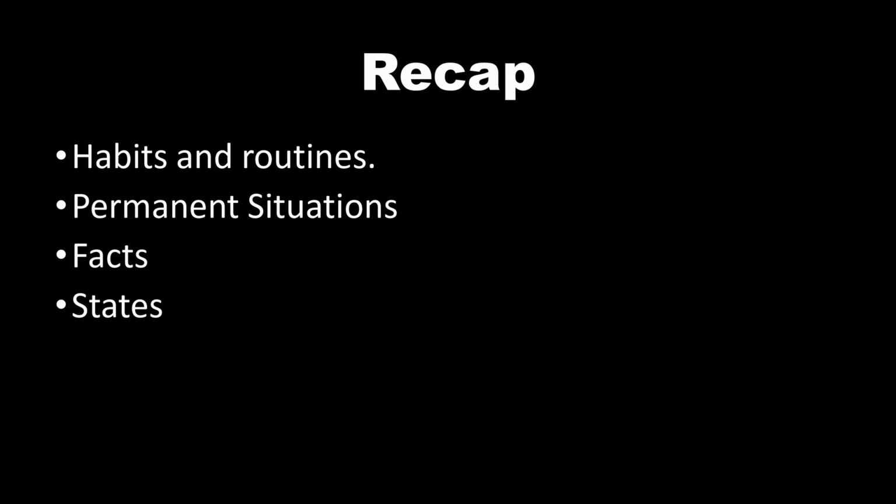Then we turned to talking about facts, that is statements about the world that are true. And finally, we discussed states with state verbs. Remember that state verbs are verbs which are not actions. They don't happen continuously and they don't finish. With these, we normally don't use ing forms.